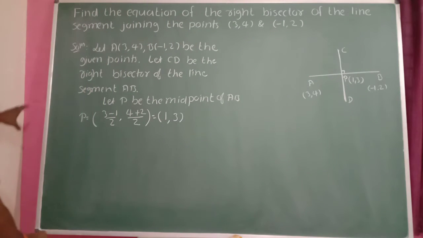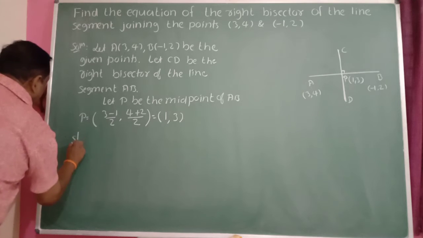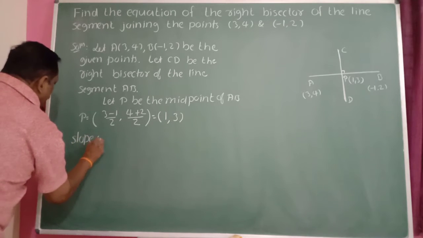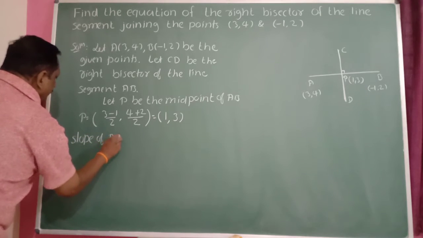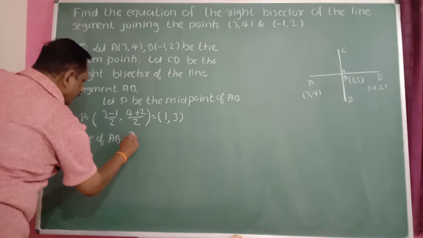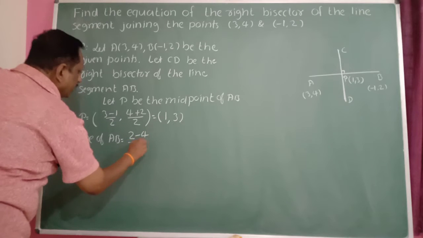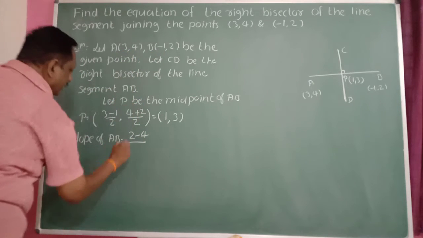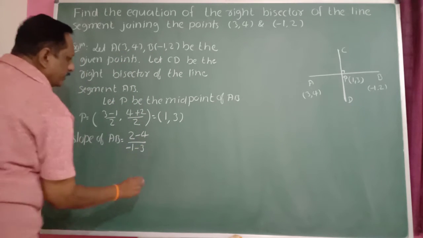Next, find the slope of AB. Slope of the line segment AB is equal to (2 minus 4) divided by (-1 minus 3).